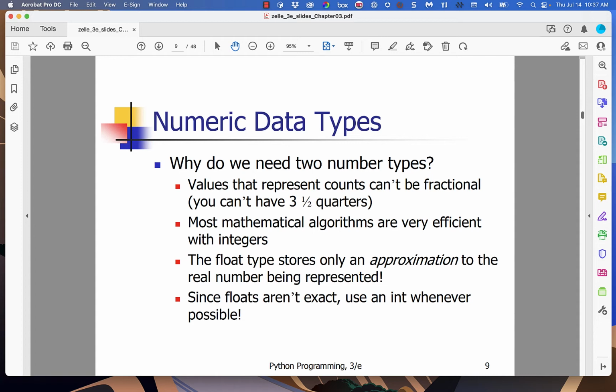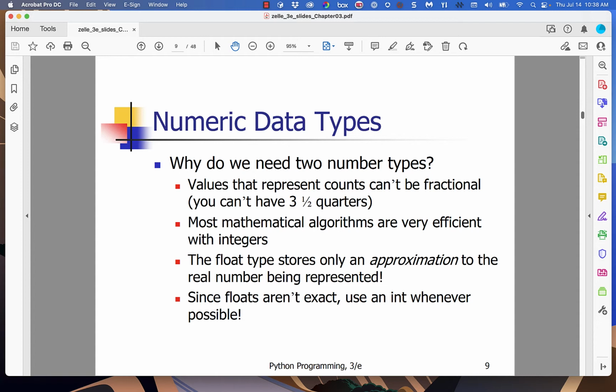So, for instance, you can't have 3.5 quarters, quarter as in the American coin. Well, you could. I mean, you could saw a coin in half, but then it wouldn't be valid currency anymore. So maybe if we have a count, we want to use an int type.